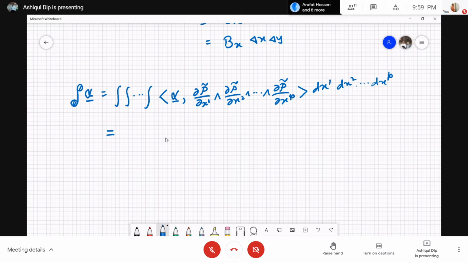You remember? Transformation of coordinates. Okay, let's prove it here again. We have this. Now, if we change the coordinates into a new set, say y1, y2 up to yn.